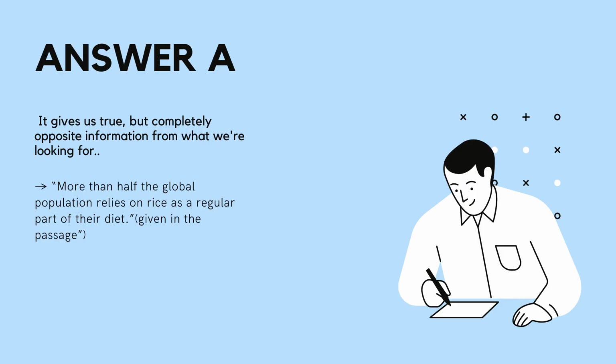Answer A gives us true but completely opposite information from what we are looking for. The first sentence tells us that more than half the global population relies on rice as a regular part of their diet. But that is a positive effect and we are looking for a negative one. So answer A is wrong.